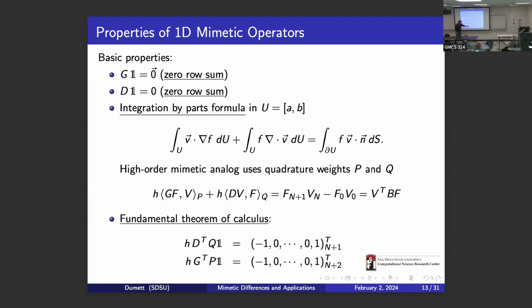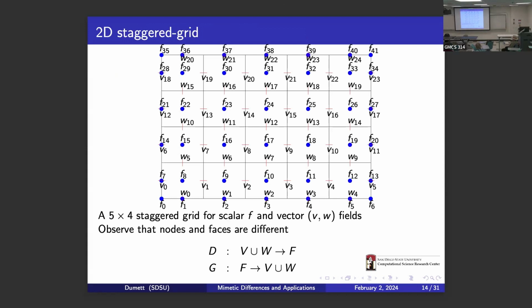That means this is the way we define Q and P. This is a linear system. This is a constant times a diagonal matrix. This is the diagonal of Q as a vector. And we have a system to solve to find Q. And so that is in 1D.